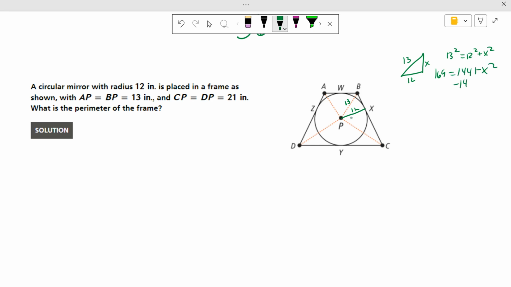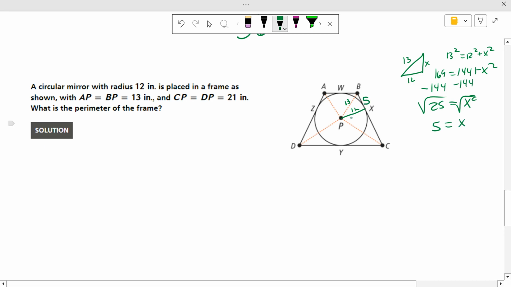If we subtract 144 from each side, X squared equals 25. So X equals 5. So if BX is 5, then BW would be 5. And if this is also 13, then AW is 5 and AZ is 5. They're all 5.